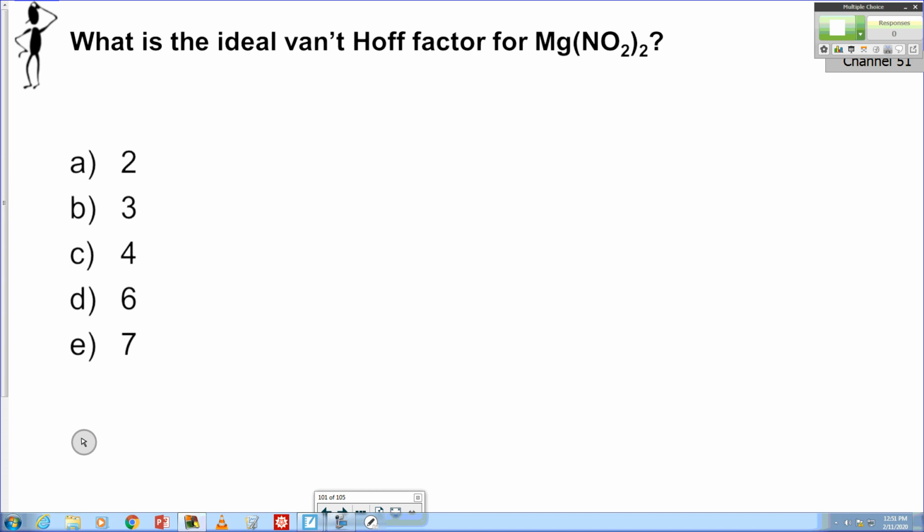Okay. All right, so what's the ideal Van't Hoff factor for magnesium nitrate?